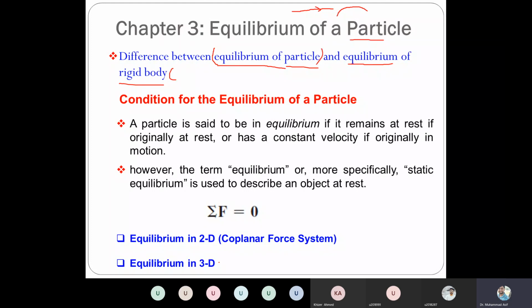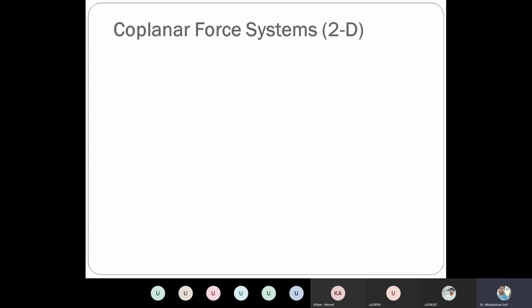Sometimes the two-dimensional analysis is enough to describe the behavior of a system, whereas sometimes we need to describe the behavior of a system in three dimensions. So in this class, we'll discuss both equilibrium in two dimensions as well as in three dimensions. There is not much difference between 2D and 3D. You will see that. So let's start with the coplanar force system, which is also called a 2D system, right?